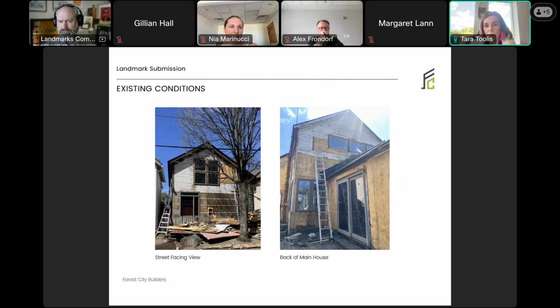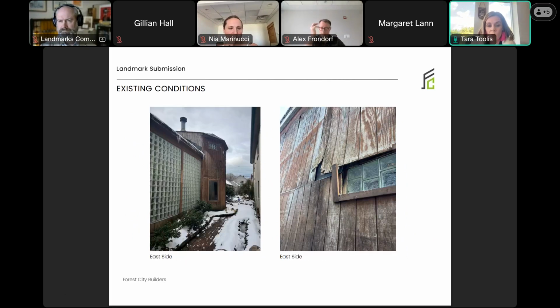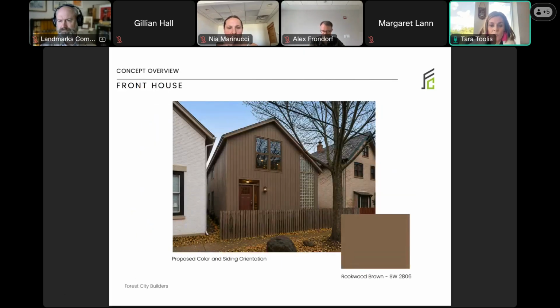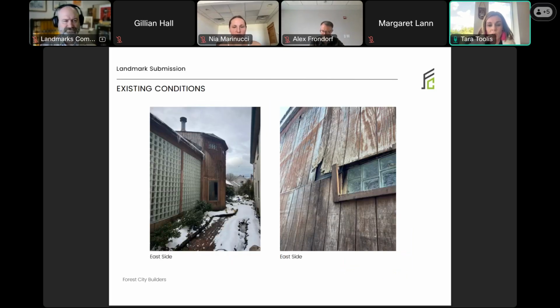If you could click a couple slides through. So here was the existing. This slide represents that you can see the siding and everything needed to be repaired.